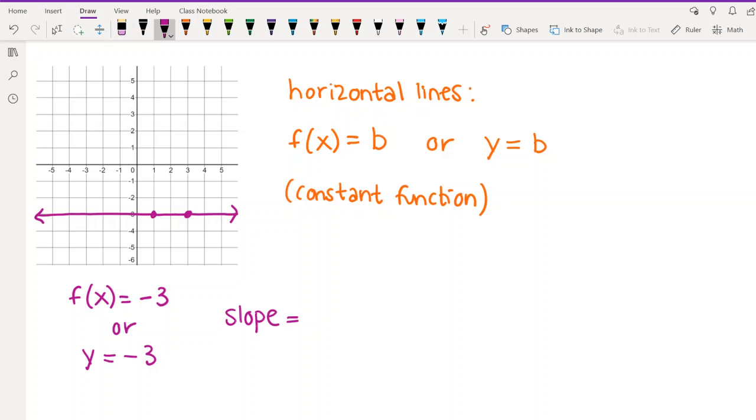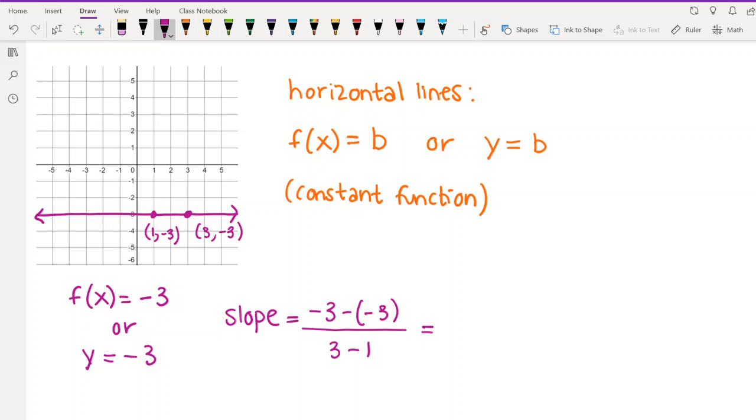So if we tried to do the slope, let's actually plug in these 2 points. This first point is the point (1, -3), and this second point is the point (3, -3). So if we did our rise, our vertical change, we would have -3 minus -3, divided by 3 minus 1. And so we would get 0 on the top, right?